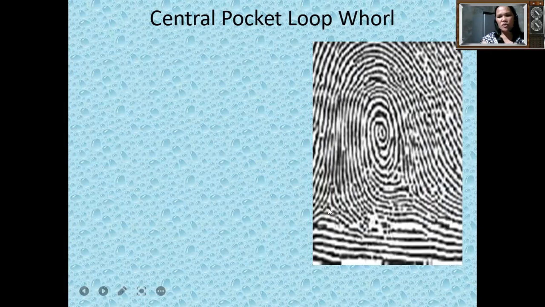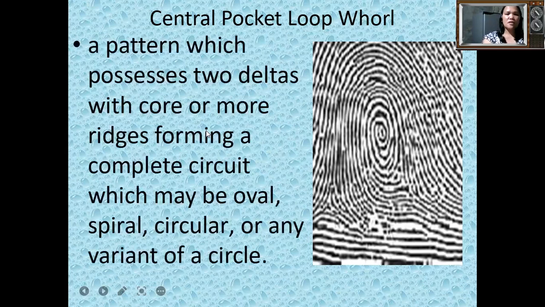And this is what we call the delta. If you try to connect it going to the right here, there is no circuit that has been touched by the imaginary line. And that is why it is called a central pocket loop whorl.